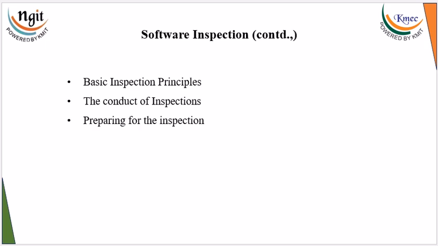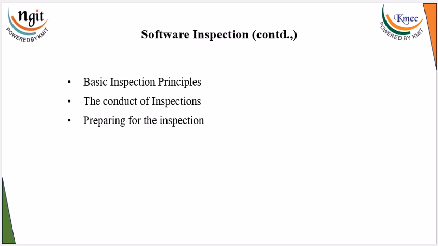Okay. Next, we'll try to understand the different principles, and how to work with these principles related to your software inspection. So first, basic inspection principles. These are the basic inspection principles which are used in your software inspection process.